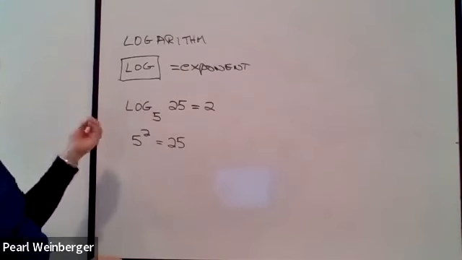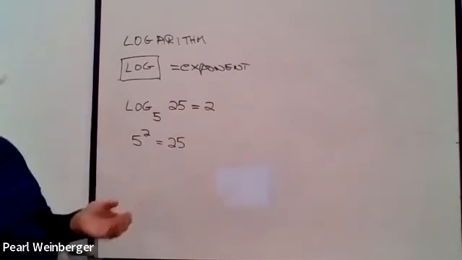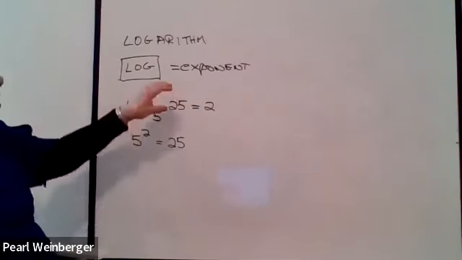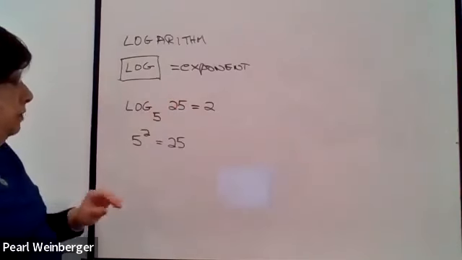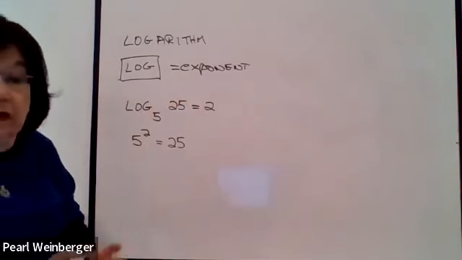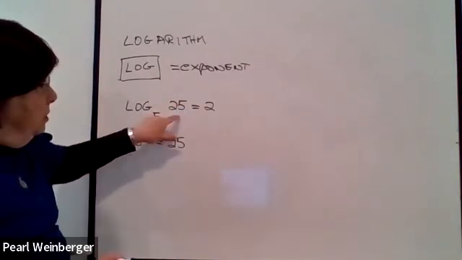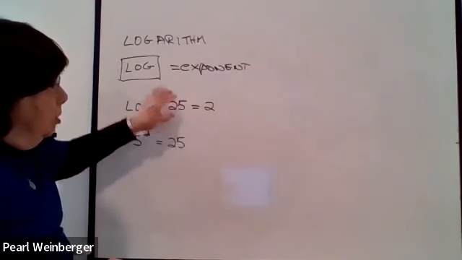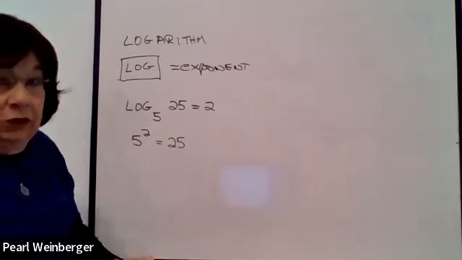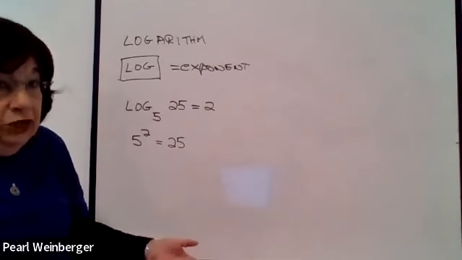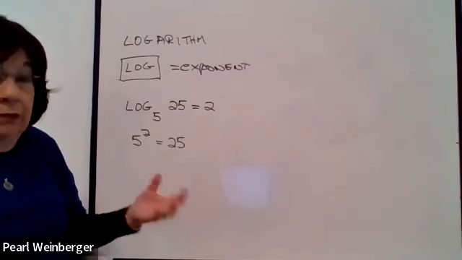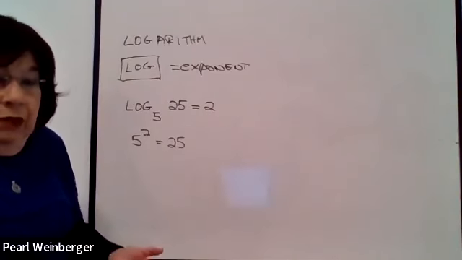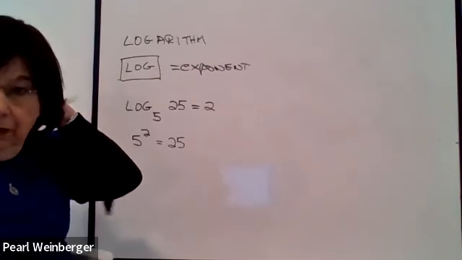Put 5 to any exponent, you're not ever going to get a negative number. So you can never take the log of a negative number. You can never take the log of 0. The number that's next to the word log always has to be a positive number. It can be a fraction, it can be a decimal, it can be a whole number, but it must be positive.